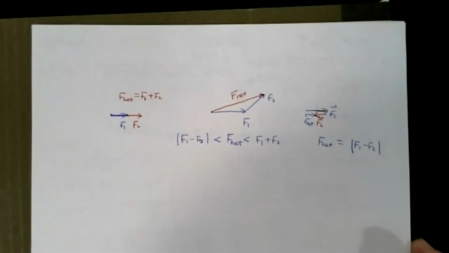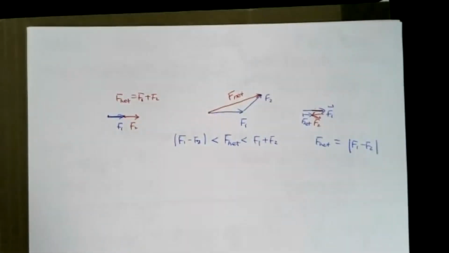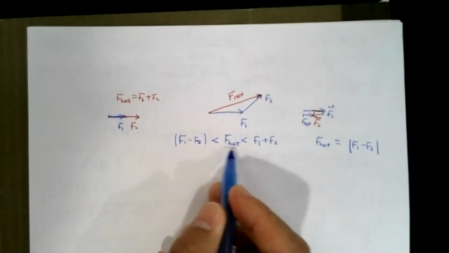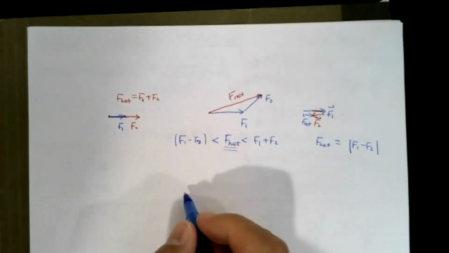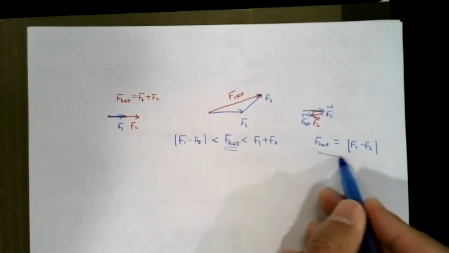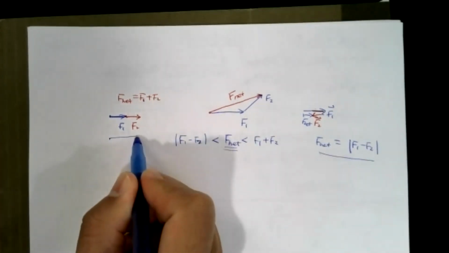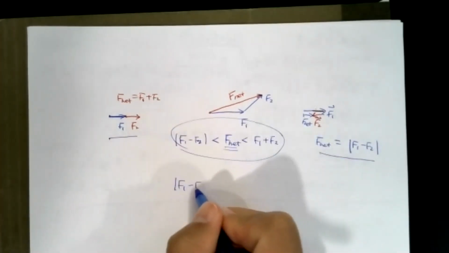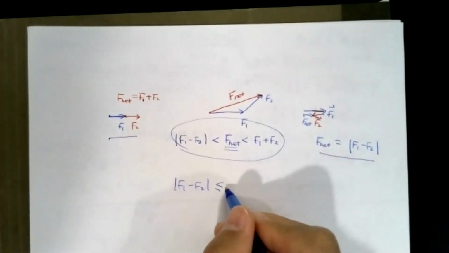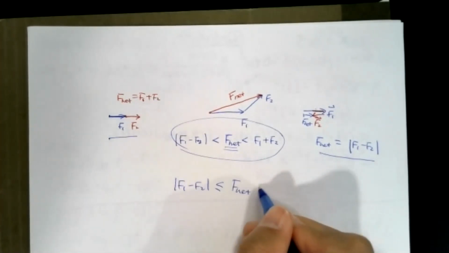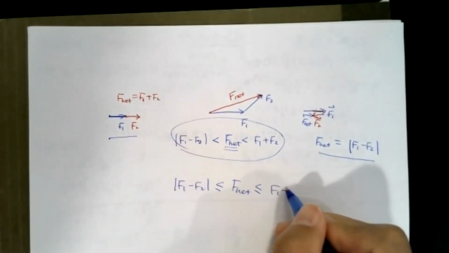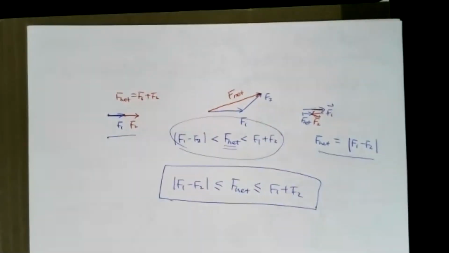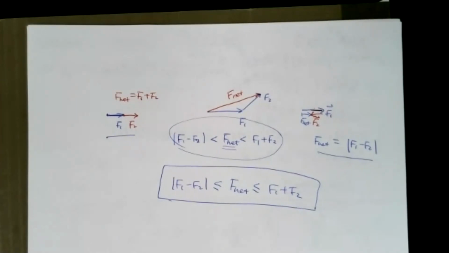To summarize, for the net force, the lower limit is going to be this guy. This is the larger limit, and anything in between is here. So you should expect F1 minus F2 to be less than or equal to F net, which is less than or equal to the two added up, okay? This is what you have for the two vector addition.